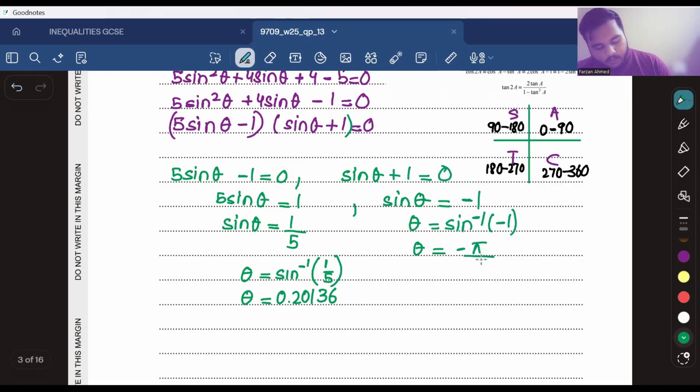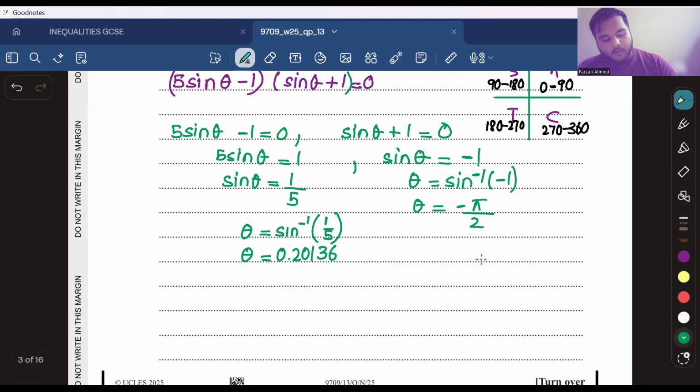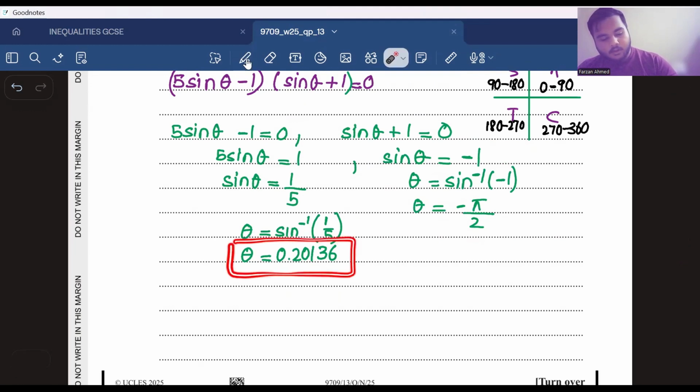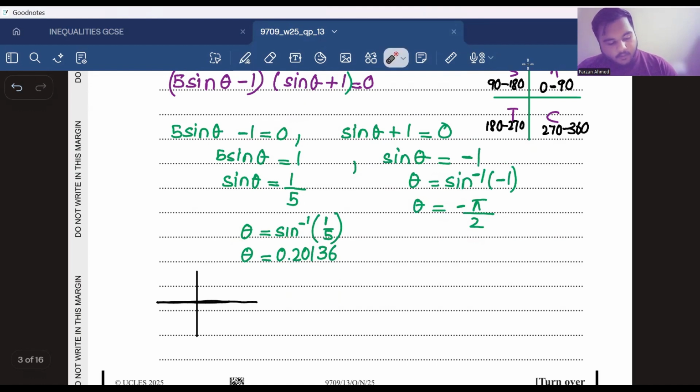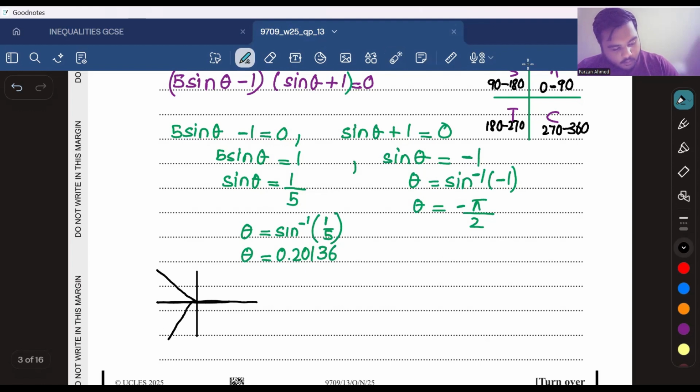Okay. Now we will make the first graph for this. We have sine positive, so we will make it in this quadrant. So 0.201 and 0.201. From this and from this.